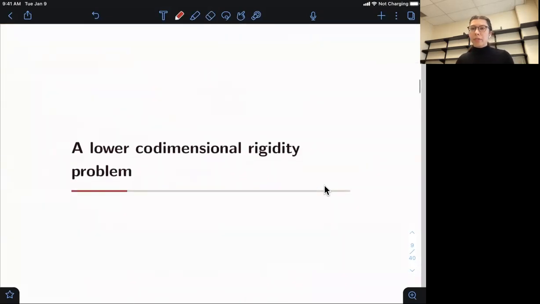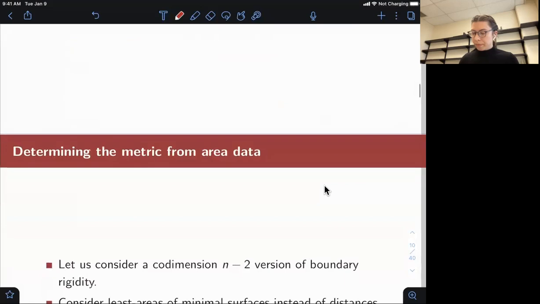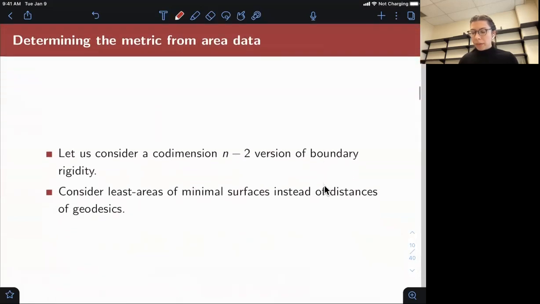All right, so now let me introduce to you what I mean by a lower codimensional rigidity problem. So what I aim to ask is, can we determine a metric from area data? So here, instead of looking at distances and geodesics, I can think of a geodesic as a dimension 1 submanifold in my larger manifold. And so its codimension is going to be n-1.